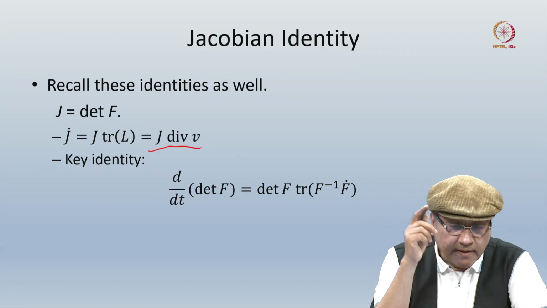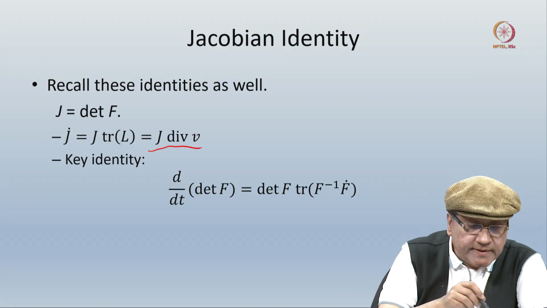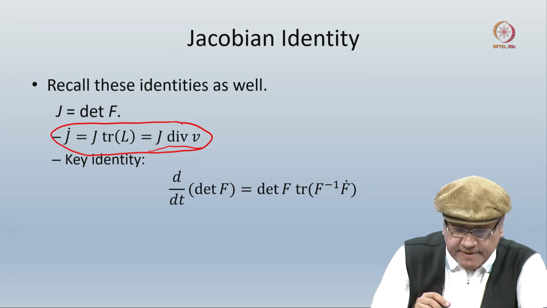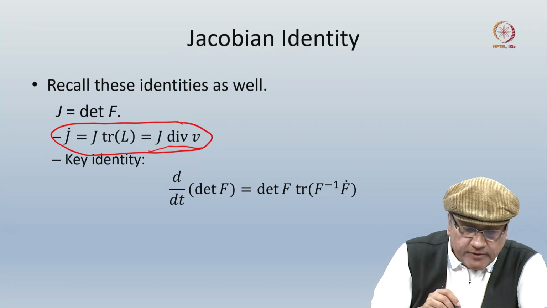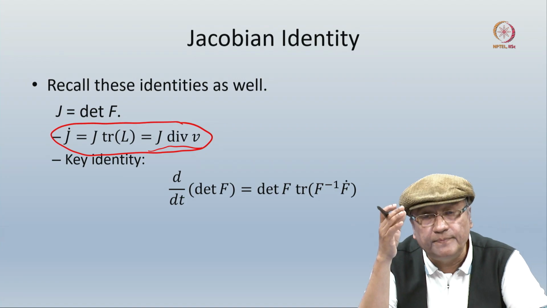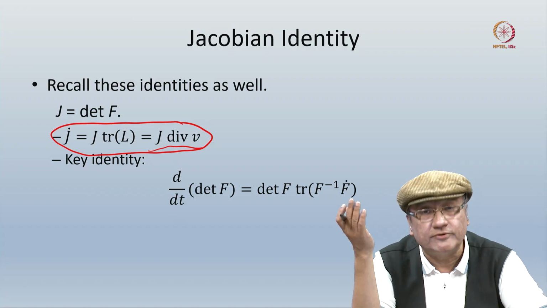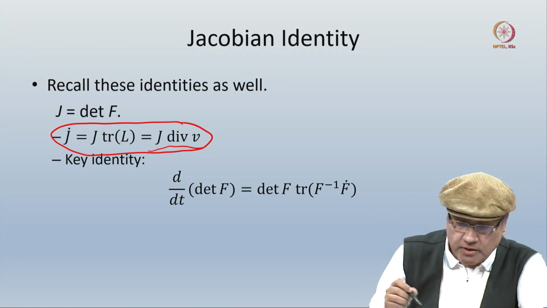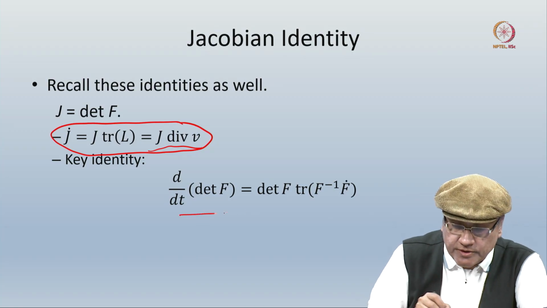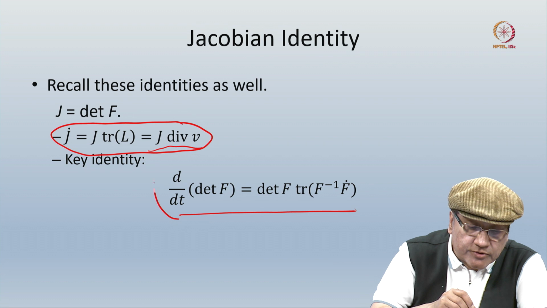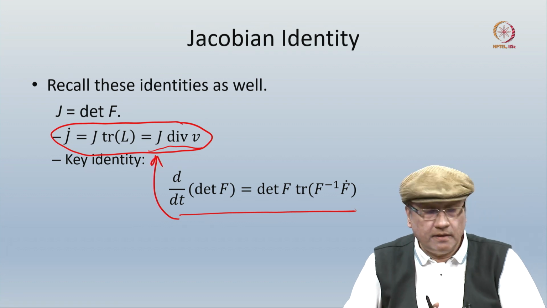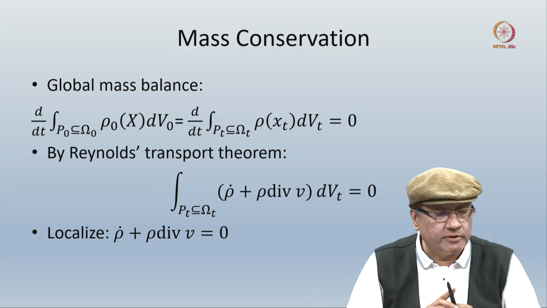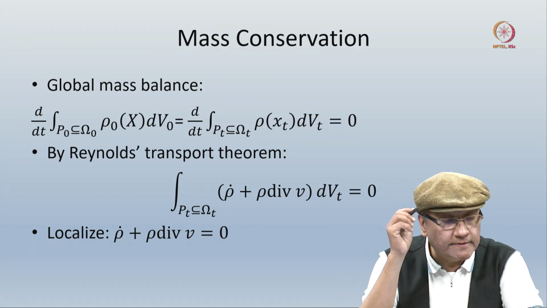You also recall that this particular fact can be derived by simply differentiating the basic definition of the determinant of a matrix with respect to time. So this is the identity we used in deriving this relationship. This is the background information if you need it.